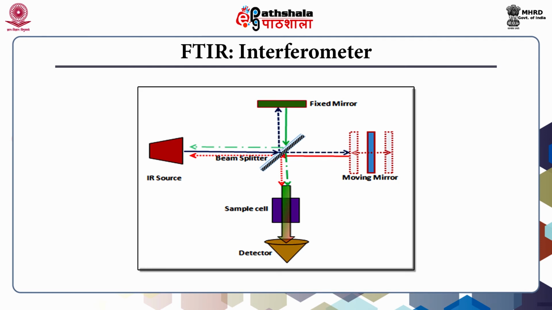In a nutshell, 50% of the original radiation will fall on the sample, of which 25% of the original radiation has moved between the beam splitter and fixed mirror, and the remaining 25% of the original radiation has moved between the beam splitter and moving mirror.